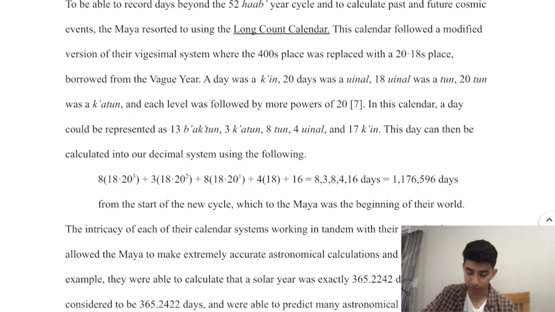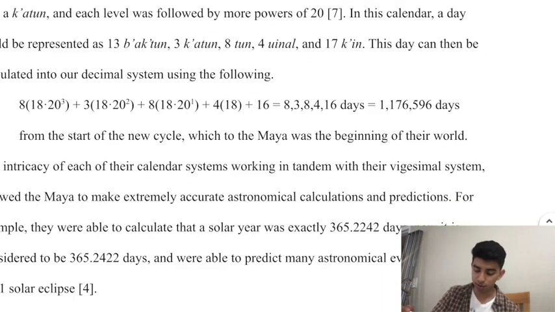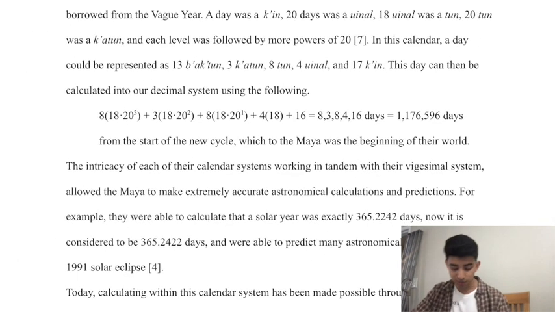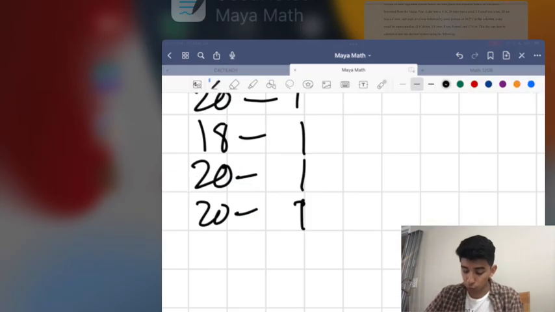So this example is the 17th day of the 4th month of the 8th year of the 3rd round of years of a 13 whole round of years, which comes out to 1,176,596 days from the start of the new modern cycle, which to the Mayans was the start of the new world that they live in.